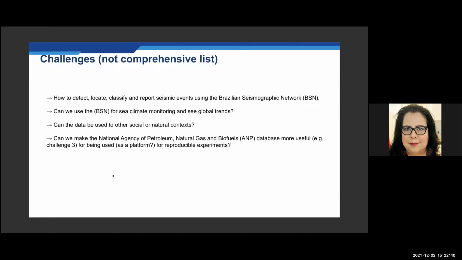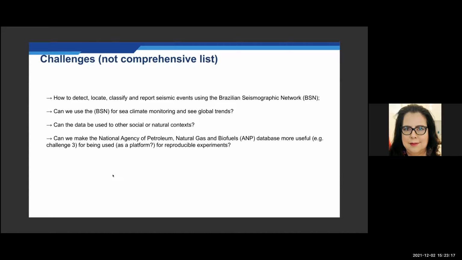And because we have a vast amount of data, another challenge that I find very interesting, which was brought up by Karen Leopoldino, is basically to use a database that already exists from the National Agency of Petroleum, Natural Gas and Biofuels, and probably get this data, try to make an exercise like challenge 3 that we used, and then use this data in a platform.